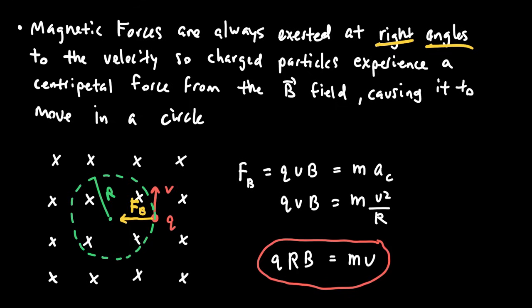And so for that reason, the charged particle will always experience a force that causes it to move in a circle. Forces that are center-seeking towards the center of a circle, perpendicular to a velocity, are called a centripetal force. So in essence, a charged particle in a magnetic field experiences a centripetal magnetic force from that magnetic field, causing it to move in a circle.